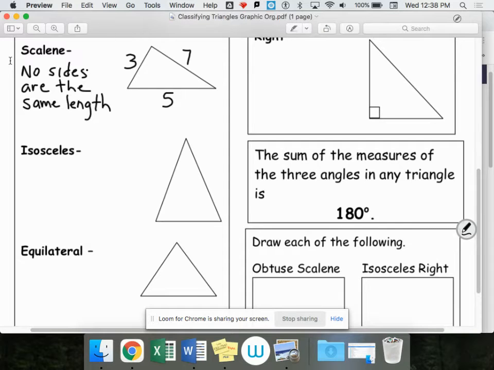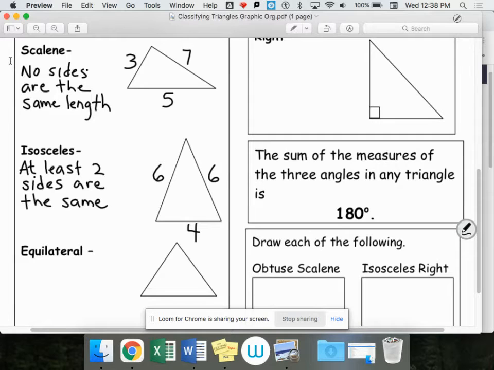An isosceles triangle, the second way to classify by sides, has at least 2 sides the same. So we could have something like this. We could have a triangle that has these 2 sides being 6 and this bottom base being 4.